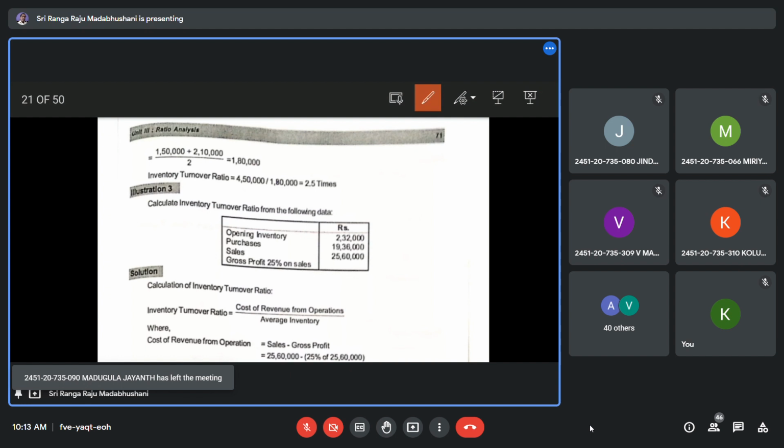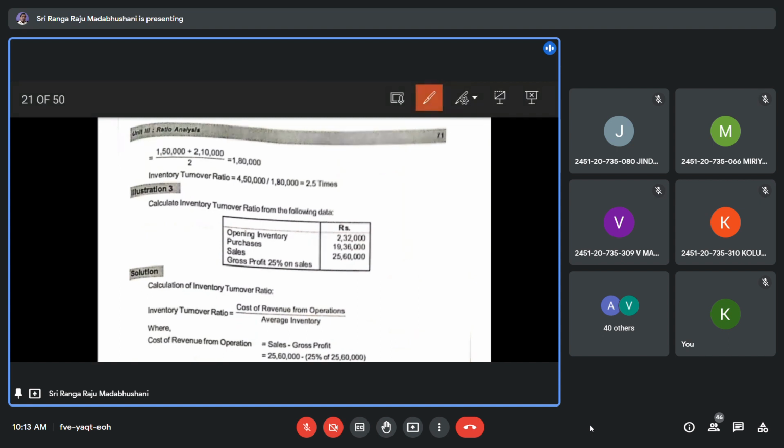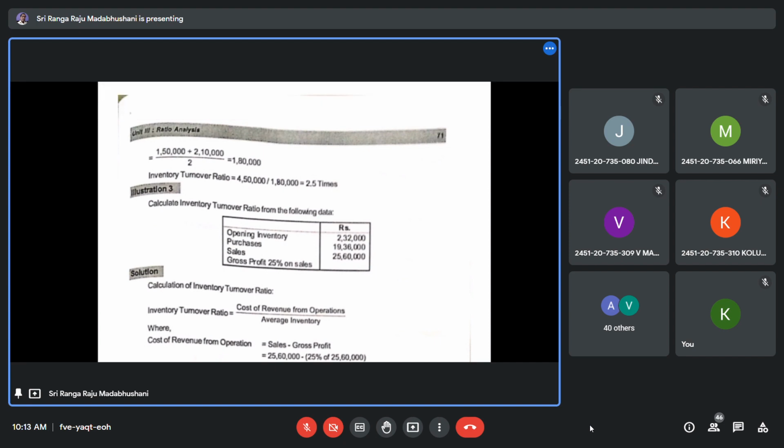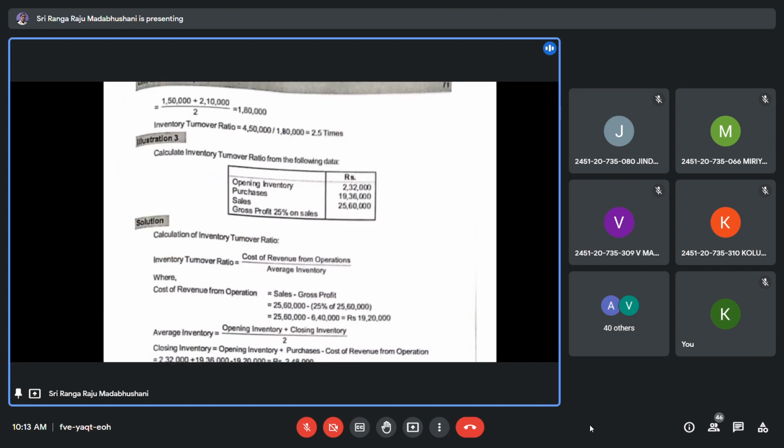Or you will get cost of goods sold: sales minus 25% gives cost of goods sold, minus opening stock and purchases, then you will get closing stock. In any way you are able to find it out.